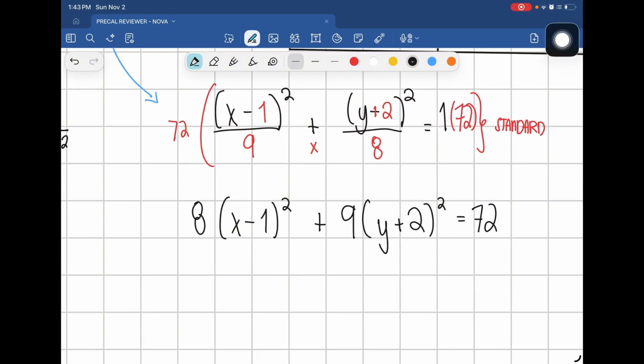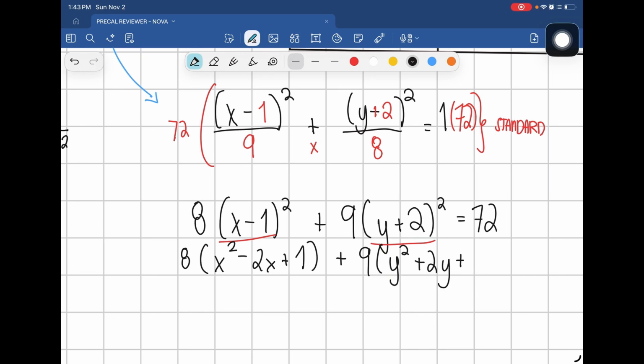We're not done yet. First, we have to expand this. So 8 times x squared minus 2x plus 1, plus 9 times y squared plus 4y plus 4, equals 72.